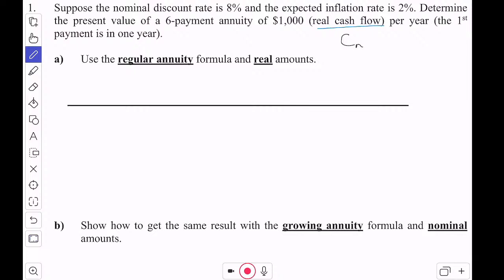Nominal, at any given time t, is equal to the real cash flow adjusted for inflation. So this is nominal, and this is real. I use the subscript t because it's for any point in time. You have to use a growth factor. This is a growth factor of inflation.